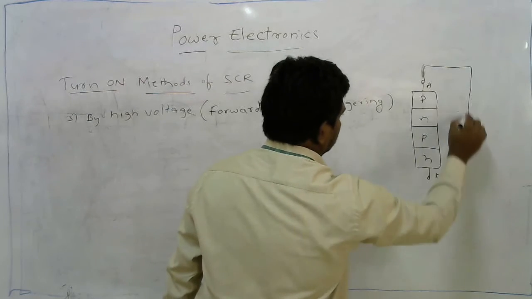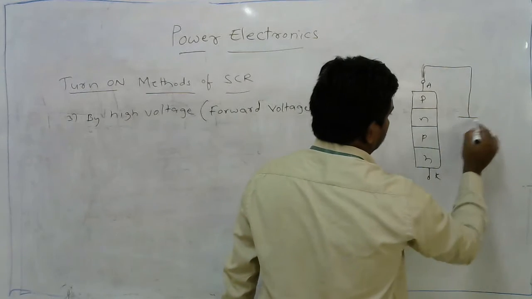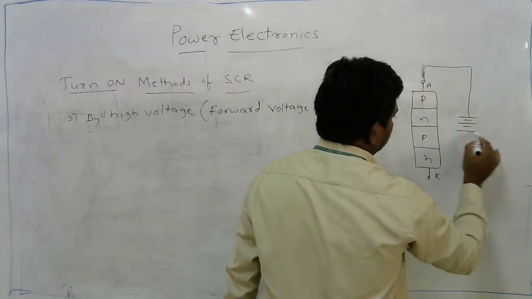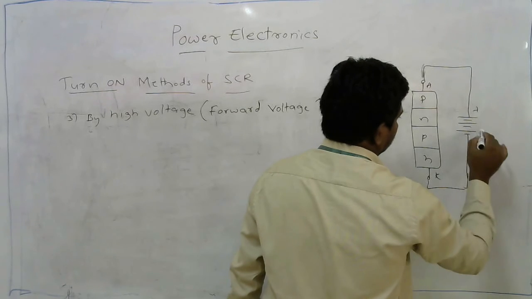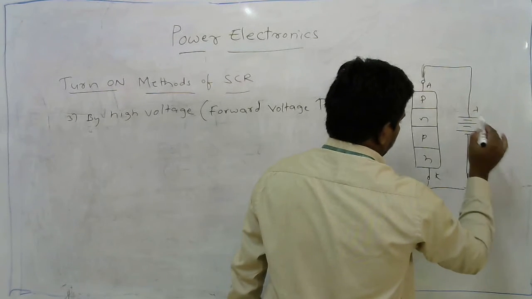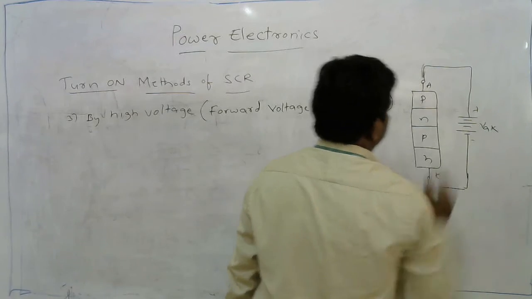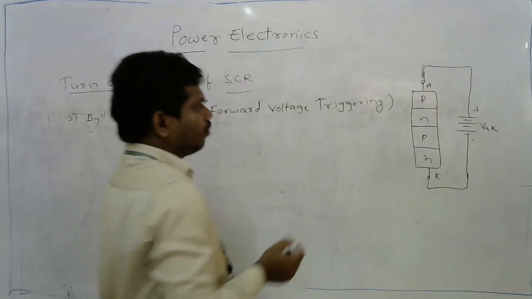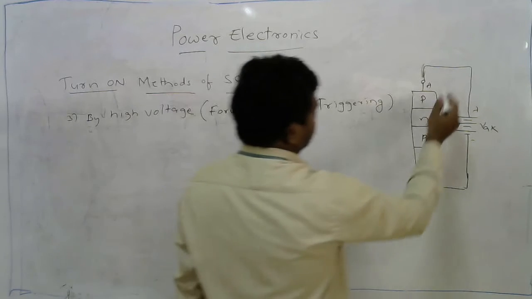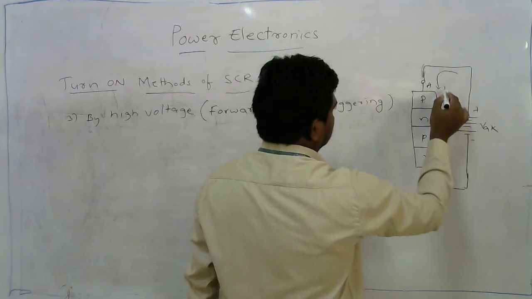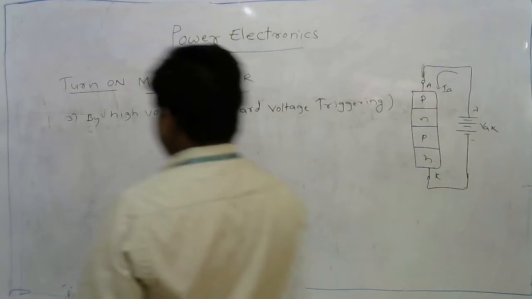Here I am connecting anode to the positive terminal of the battery and cathode to the negative terminal of the battery. This is my VAK voltage. So I am applying VAK voltage. This is what I am calling forward voltage triggering. Now the current is entering like this, that I am calling current IA.